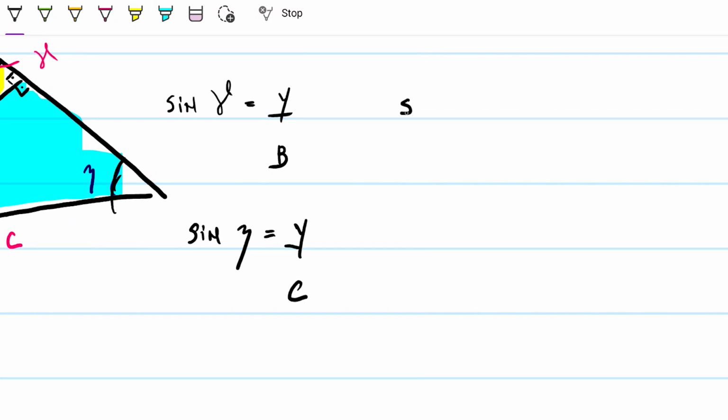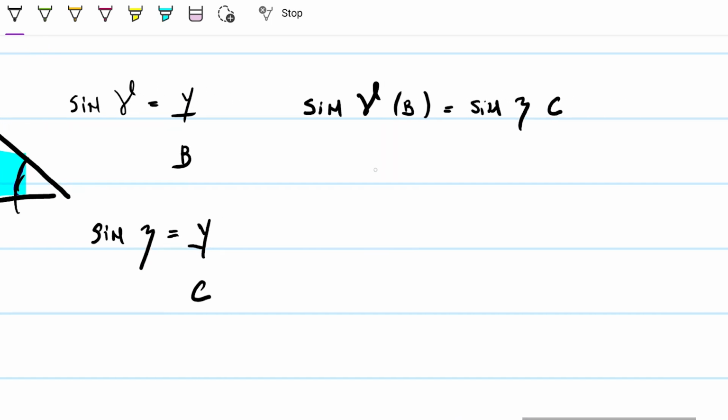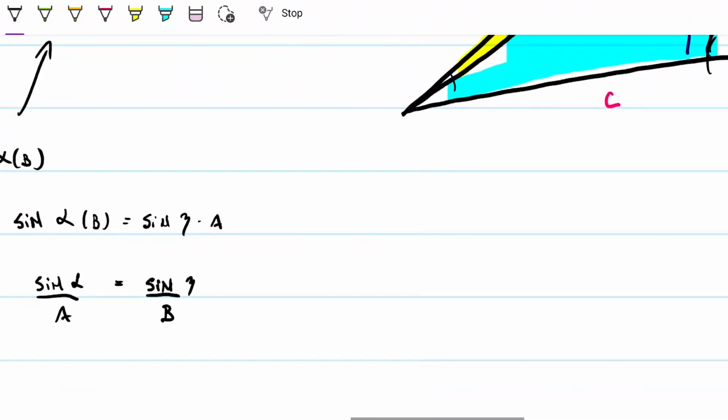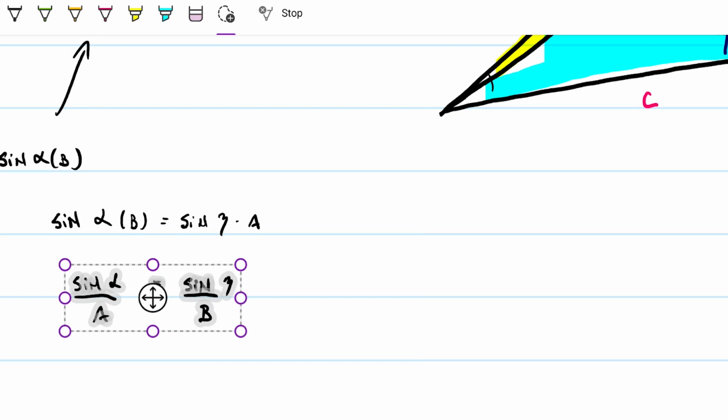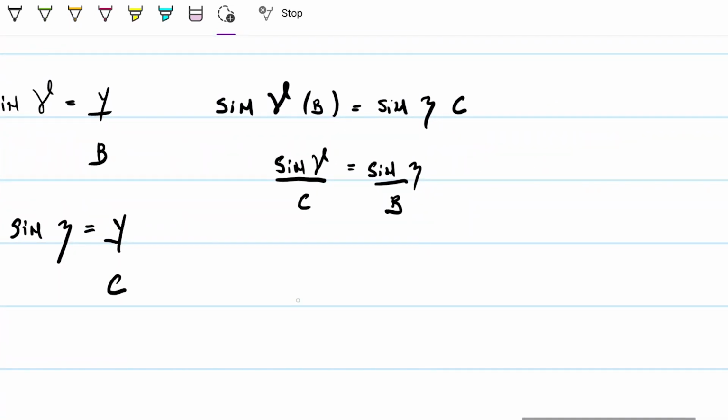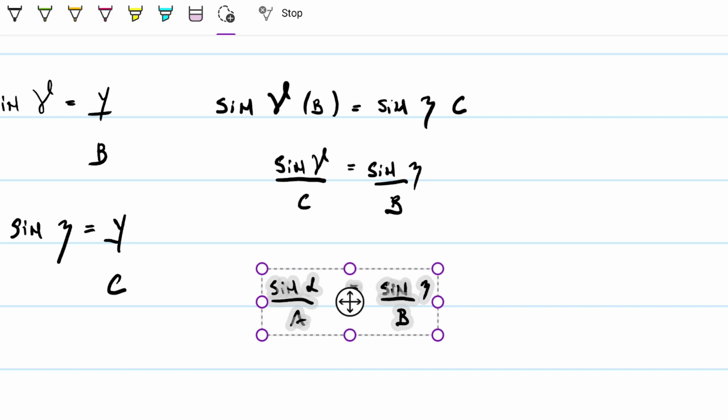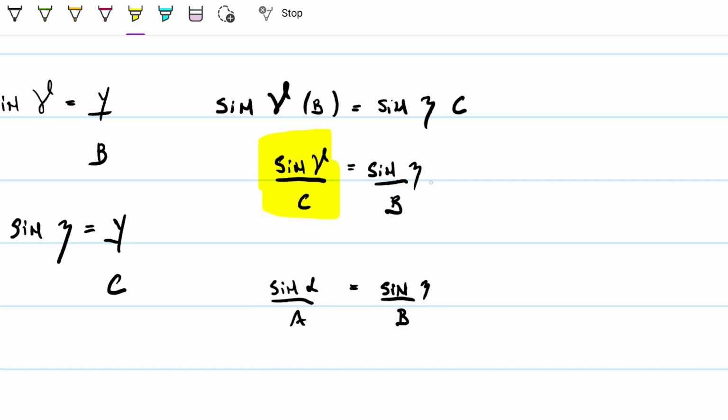So what this tells us is that sine of gamma times B is equal to the sine of beta times C. And therefore, sine of gamma over C equals the sine of beta over B. Okay, so if this is true, and sine of alpha over A equals sine of beta over B, then it also follows that these two have to be the same.